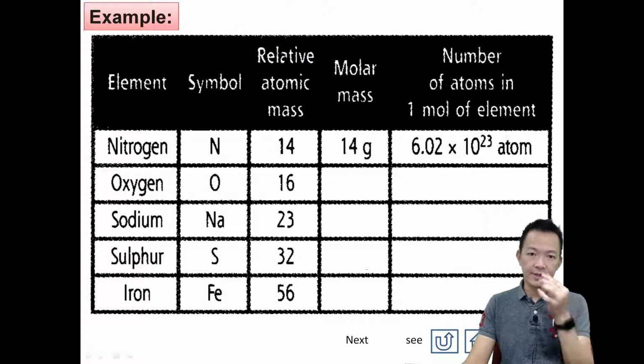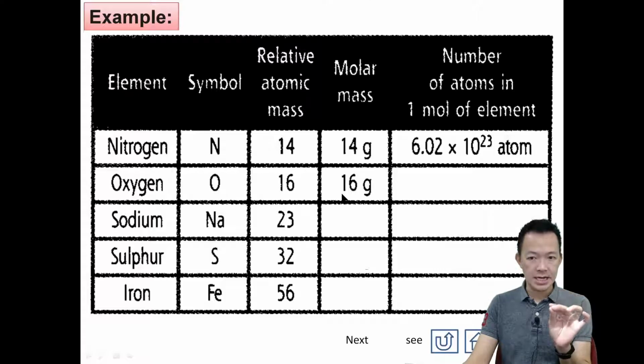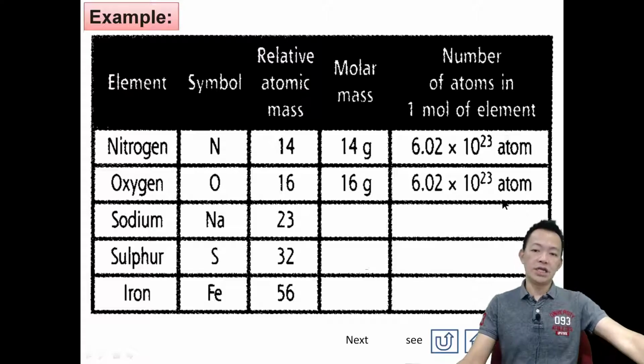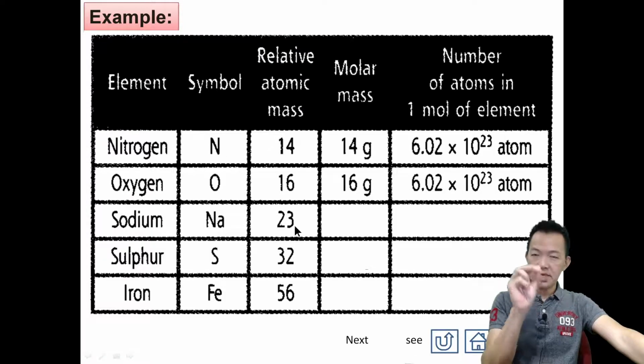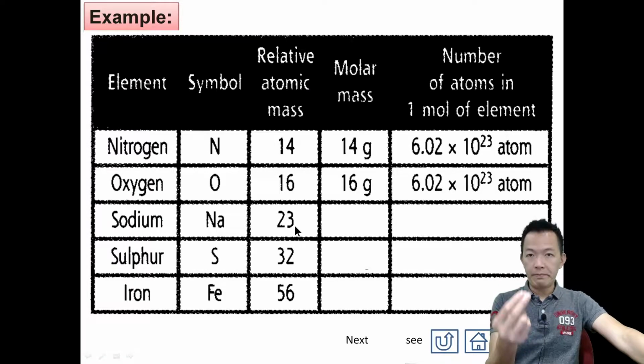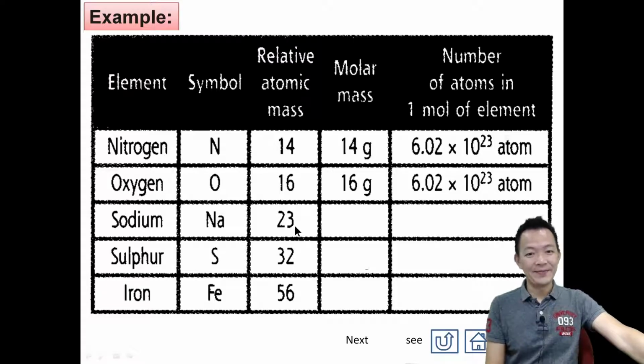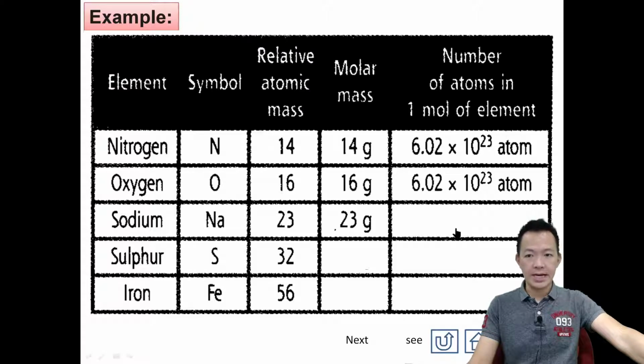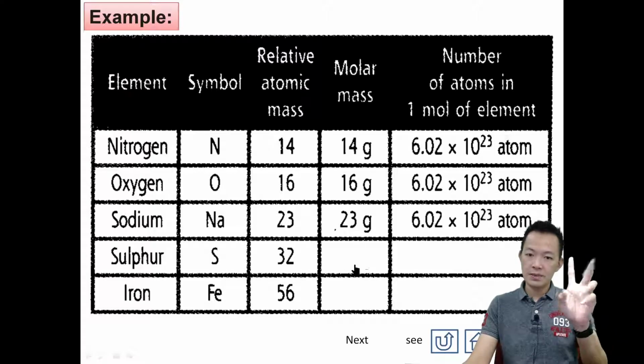1 oxygen atom, the relative atomic mass is 16. But 1 mole oxygen, 16 gram. 1 mole, how many particles? 6.02 乘 10 to the power 23. Okay? Sodium 1粒23. 为什么？Because the mass of the sodium is 23 times of the 1 per 12 of the carbon 12 atom. So 1 more sodium atoms, 23 grams. Sulfur 32, 1粒32, 1 mole 32 gram.